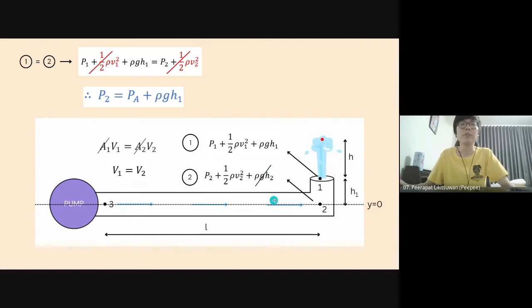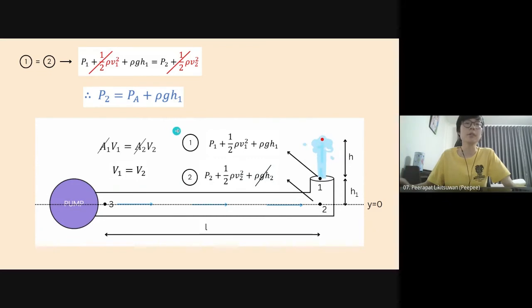So from the Bernoulli equation, we have to make equation 1 and equation 2 equal. So we're going to be like this. And from the continuity equation, A1 V1 will be equal to A2 V2.